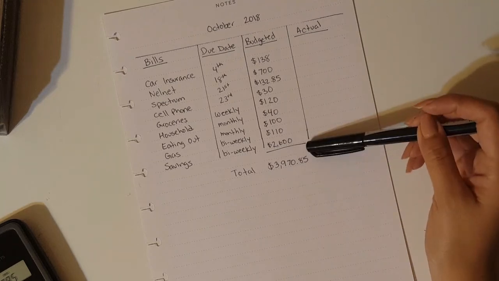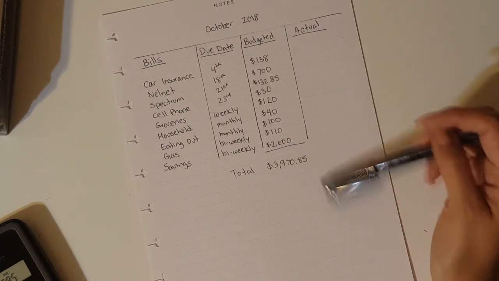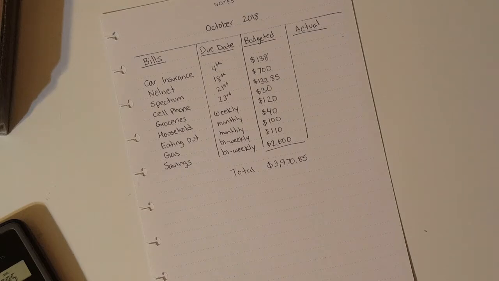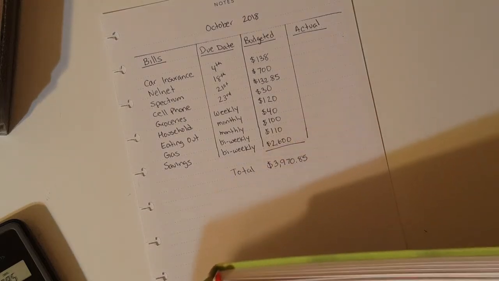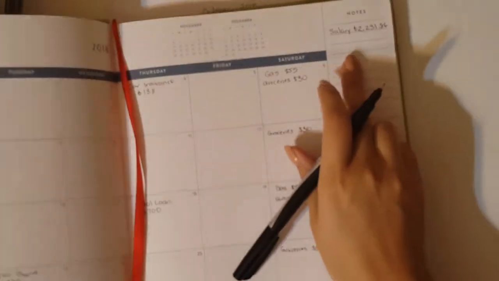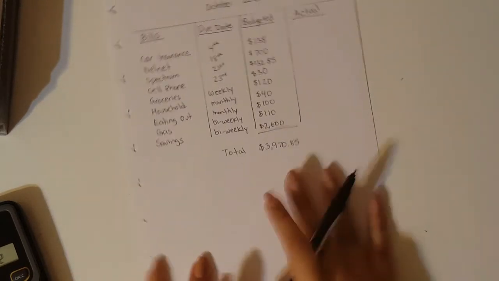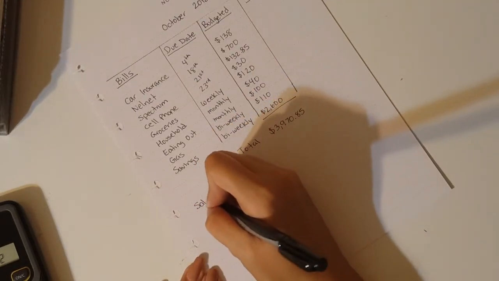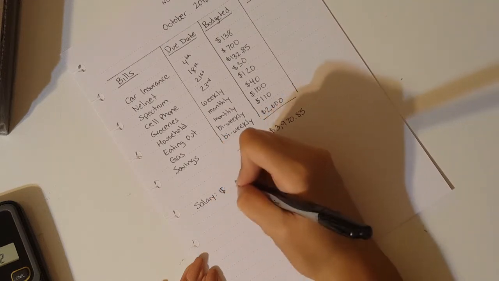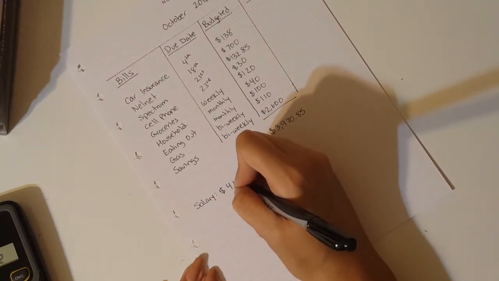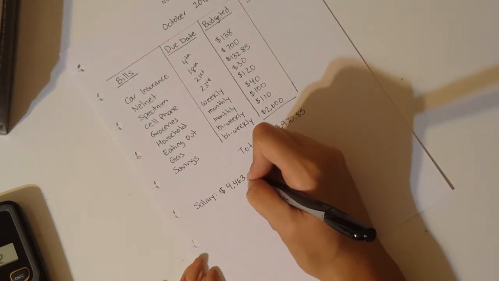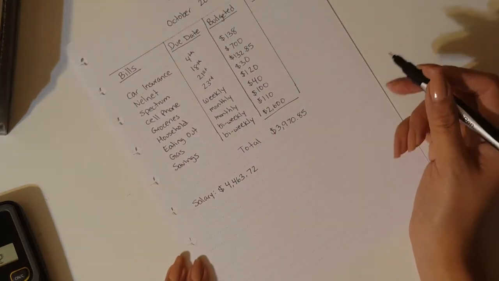Okay. So this is going to be basically what I anticipate to be spending for the whole month. And I did include, I put the salary here. So what I'm going to do, I'm going to go ahead and multiply that by 2 so that I can actually have the total for the month. So once I have that total, I'm going to write here my salary for the whole month. So salary will be $4,463 with 72 cents.